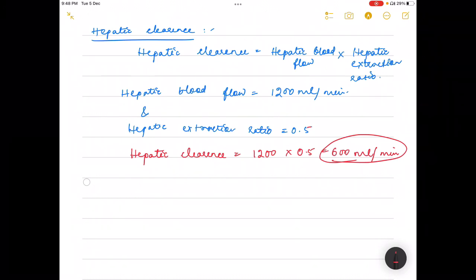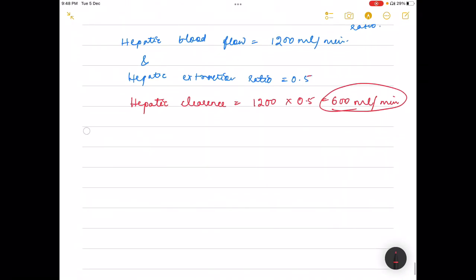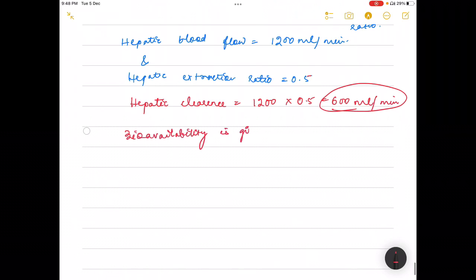In certain numerical questions, instead of the hepatic extraction ratio, the value of bioavailability is given. If bioavailability is given, then the hepatic extraction ratio can be calculated as: hepatic extraction ratio is equal to 1 minus bioavailability.